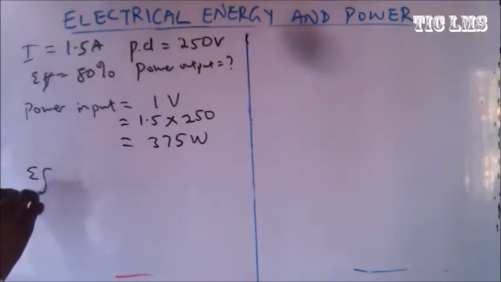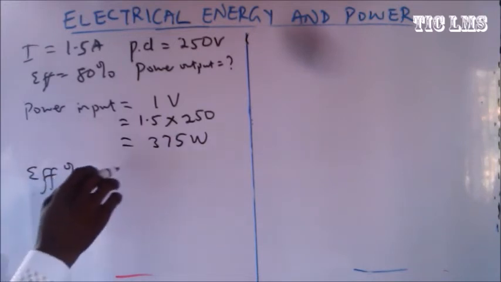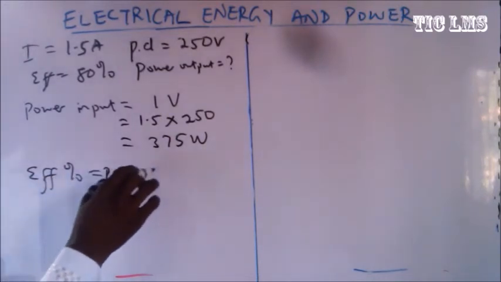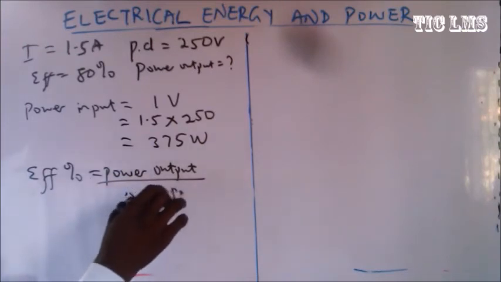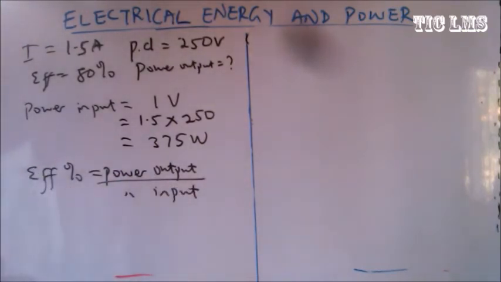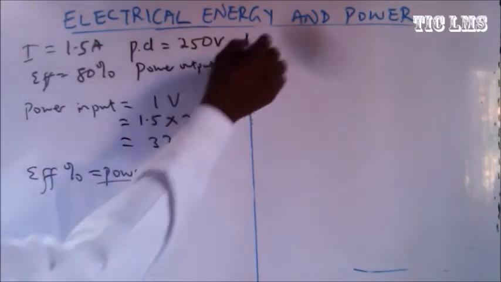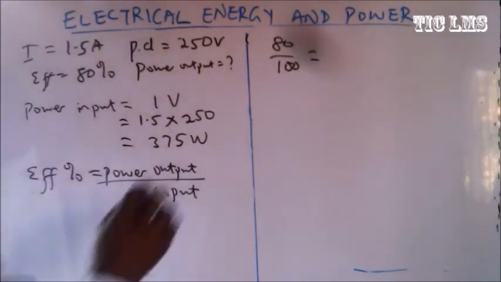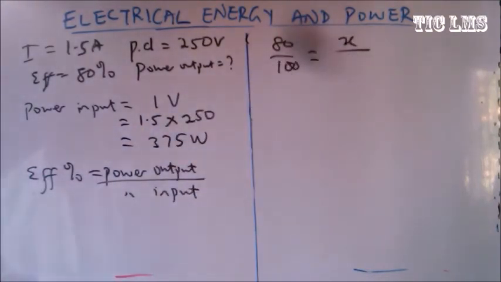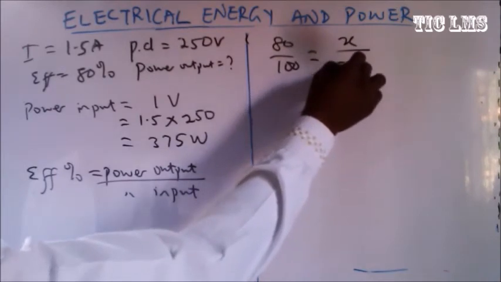Now, we know that efficiency percent is equal to the power output over the power input. That is what the efficiency percent is. So in this question, we're given the efficiency as 80%, so that is 80 over 100. The power output is unknown, and the power input is 375 watts.